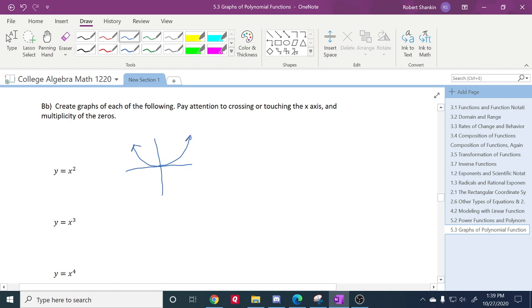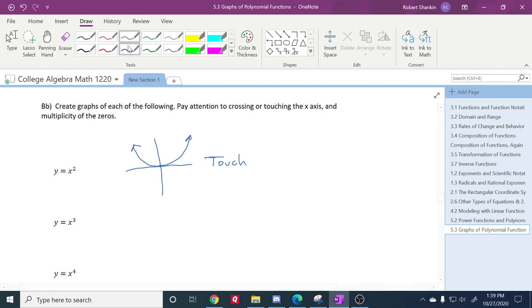But what we want to pay careful attention to is, do we cross or do we touch on our x-intercept? This is a touch, because we were above the x-axis and then we stayed above the x-axis. We never crossed over to the bottom side of the x-axis.